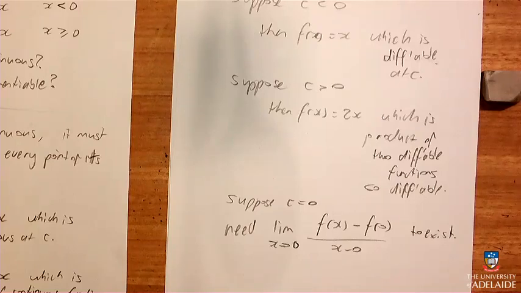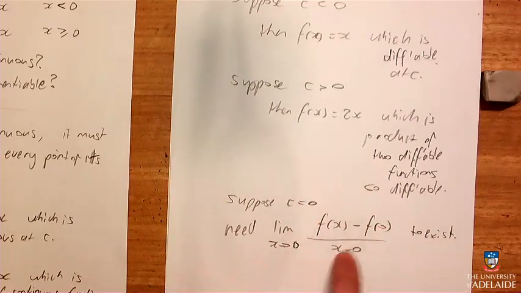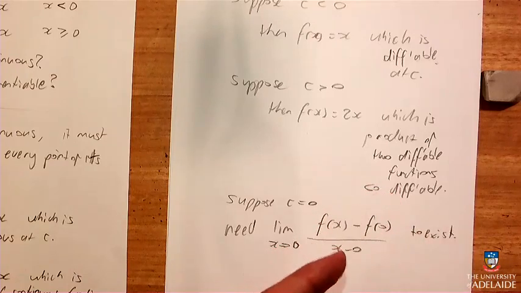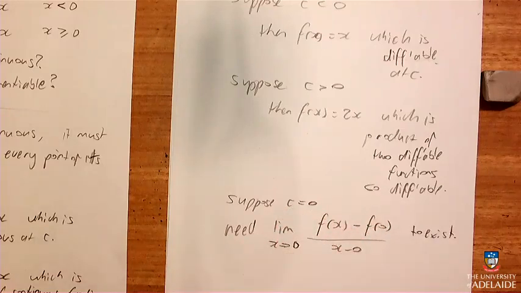So it occurs to me, I know from the way I think about limits that when x is positive, this thing is the derivative of 2x, which is 2. And when x is negative, this thing's the derivative of x, which is 1. And so if you do the limit restricting yourself entirely to positive x's, you get a different answer than if you do the limit restricting yourself entirely to negative x's.